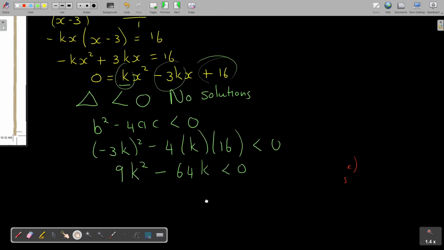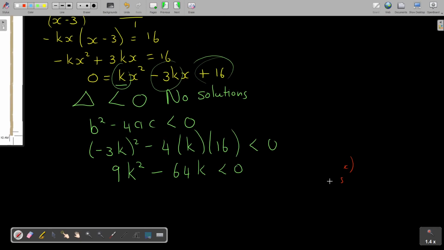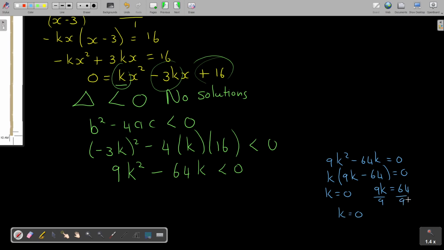Can you remember how we solved that? We make it an equation and a sketch, and we factorize. And we get k is 0, or 9k equals 64, so k is 64 divided by 9, which is better as a fraction: 7 and 1 over 9.